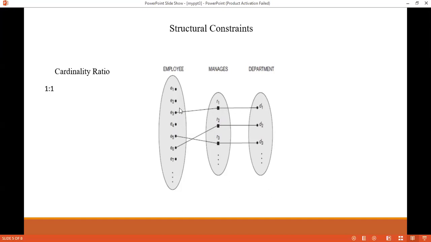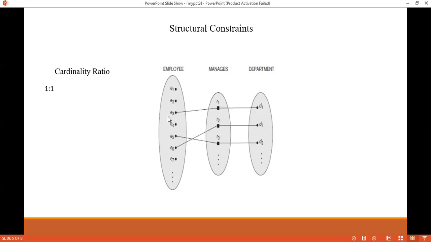Now think logically, my dear friends. One department can have only one manager. The employee acts as a manager here because it is a manager's relationship. Keep in mind, it is a manager's relationship here. So D1 is having only one manager, that is E3.